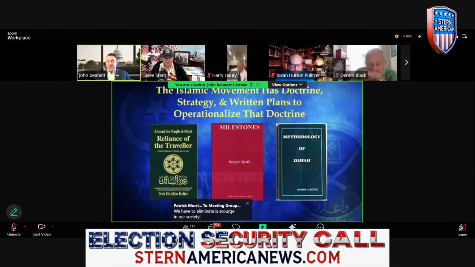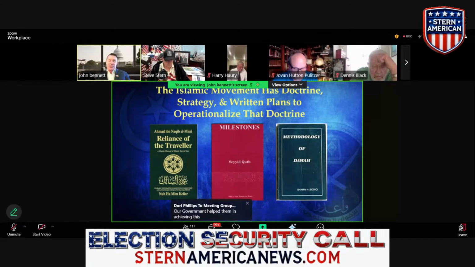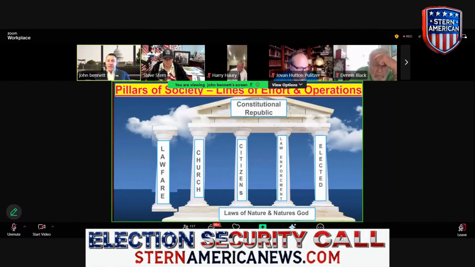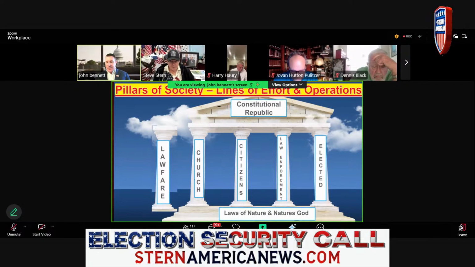So just like the communists and Marxists, the Islamic movement, they've got doctrine, strategy, and written plans to operationalize that doctrine as well. And they've been doing it with impunity for many, many decades. And this is pretty much the pillars of society that they have inserted themselves into, because to them, both movements pretty much involve political warfare. It's total warfare in many, many lines of effort and operation.